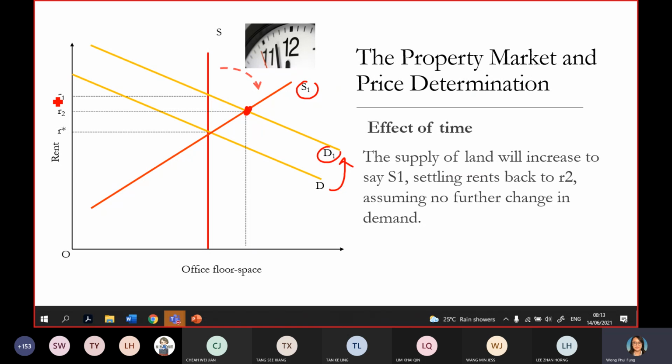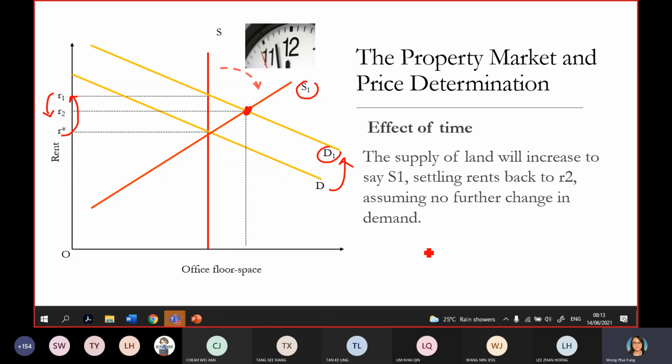Your rental, previously R1, will fall to R2. Previously it is R1, R asterisk to R1. But when your supply shifts to S1 and demand increases to D1, you can see that R1 falls to R2, assuming no further change in demand.